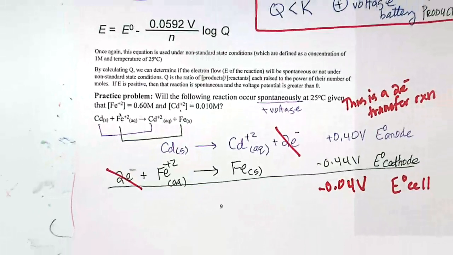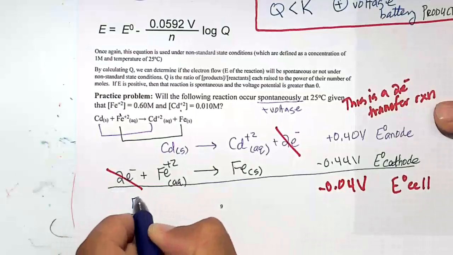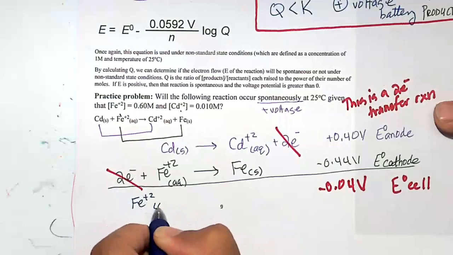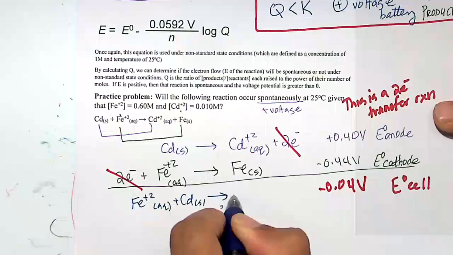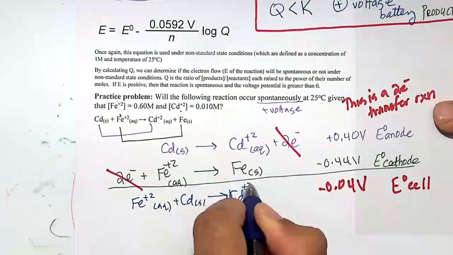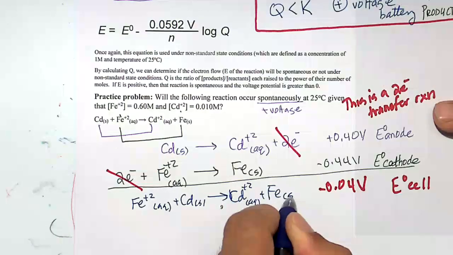That looks like it's non-spontaneous. This looks like a dead battery. And then our net is Fe plus 2 plus Cd solid goes to Cd plus 2 plus Fe solid.